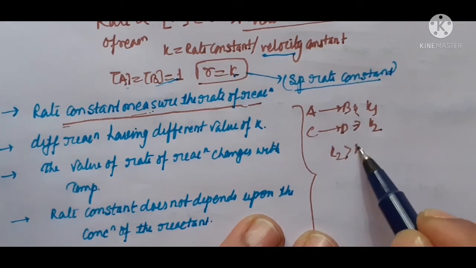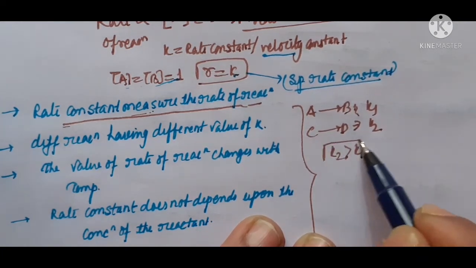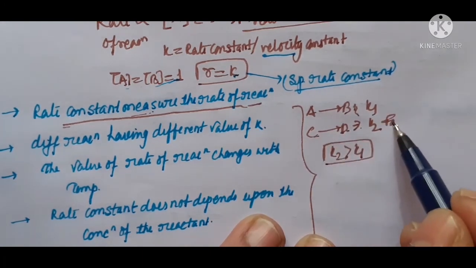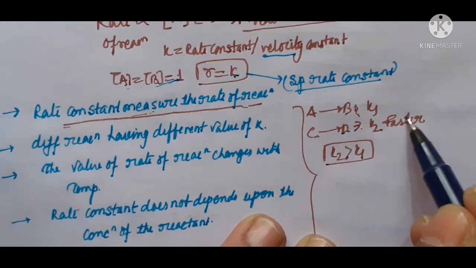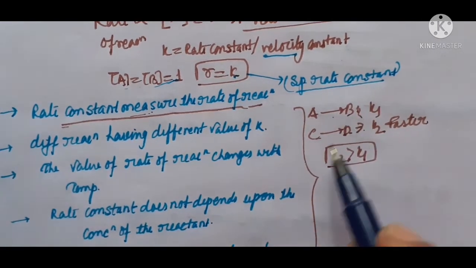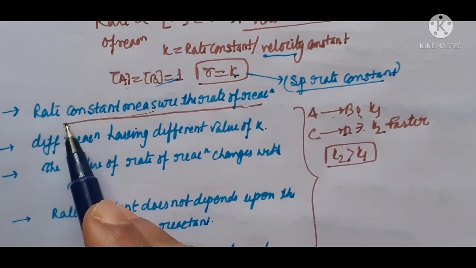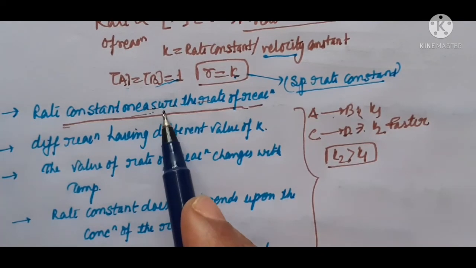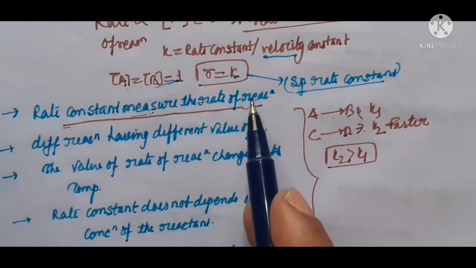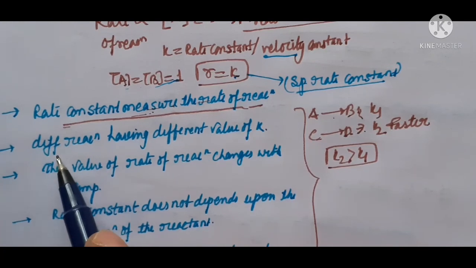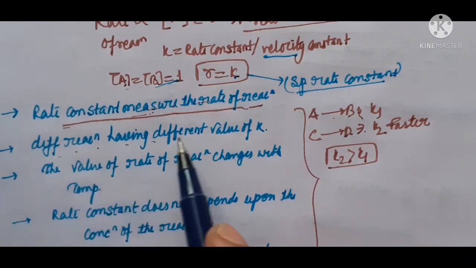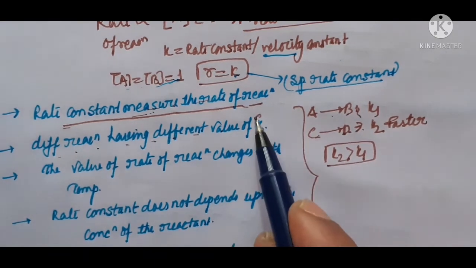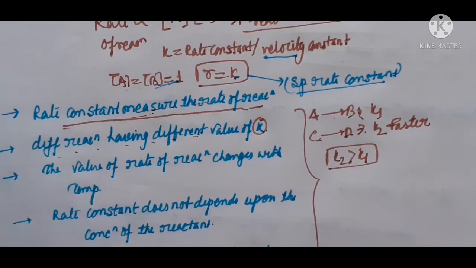If K2 is greater than K1, then we can say that this reaction is faster as compared to the reaction A transformed into B. So this concept is quite clear. Higher the value of rate constant, higher will be the rate of reaction. Different reactions have different values of K. If the reactions are different, then their K values will also be different.